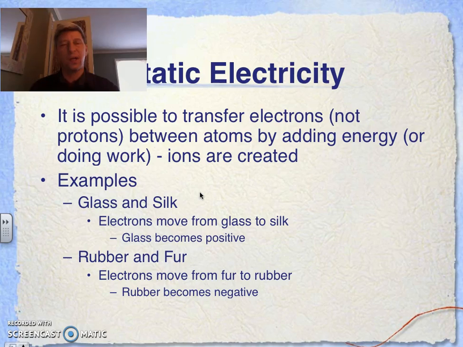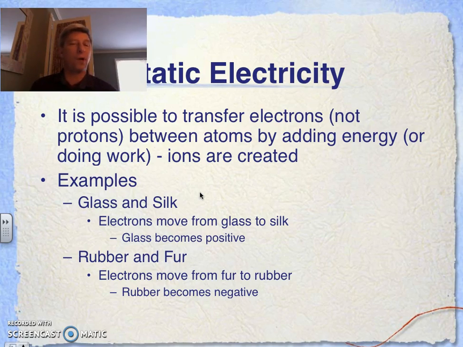Examples of this that I would love to be able to demonstrate to you, and if we were in our classroom, I would be able to. But glass and silk, if you take a glass rod and a silk cloth and you rub them together a little bit, the electrons will move from the glass to the silk, and the glass rod will become positively charged.